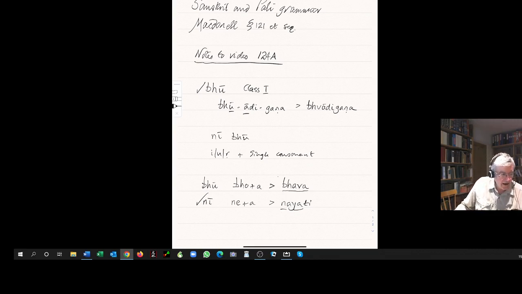Let's now look at roots ending in a consonant. Very, very common.